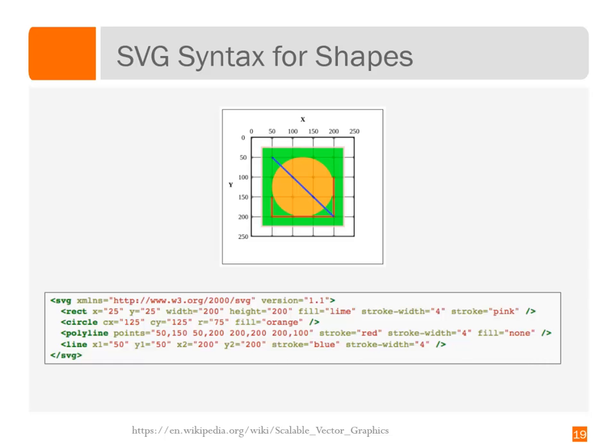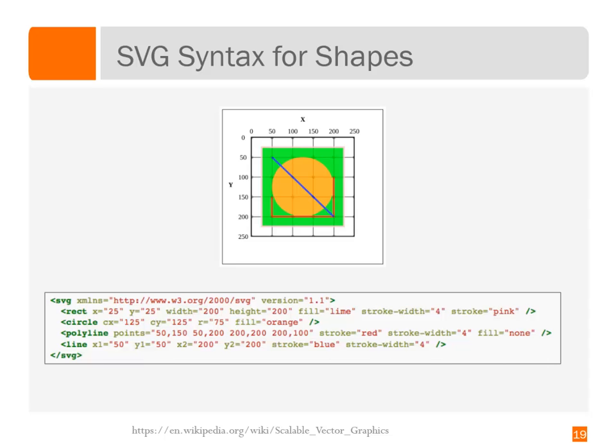And then similarly on the height, we started at 25, we went down 200 of height, and the bottom left-hand corner of our rectangle is at the 225 position on the Y. Now our fill, we've decided to fill it with lime. Lime's basically a color, and we could change the color there if we would like to.